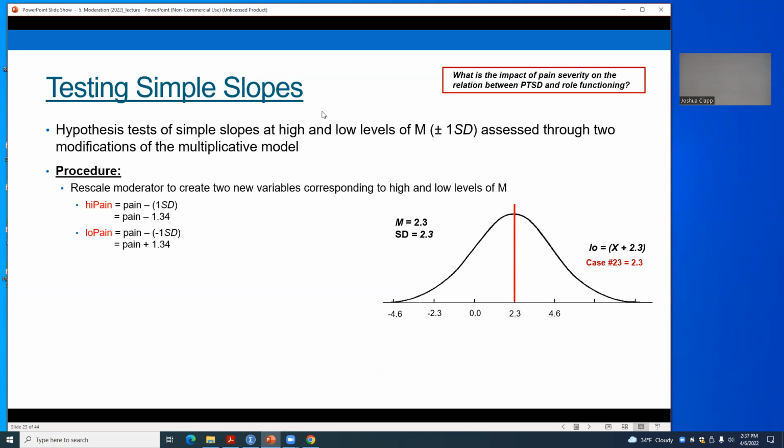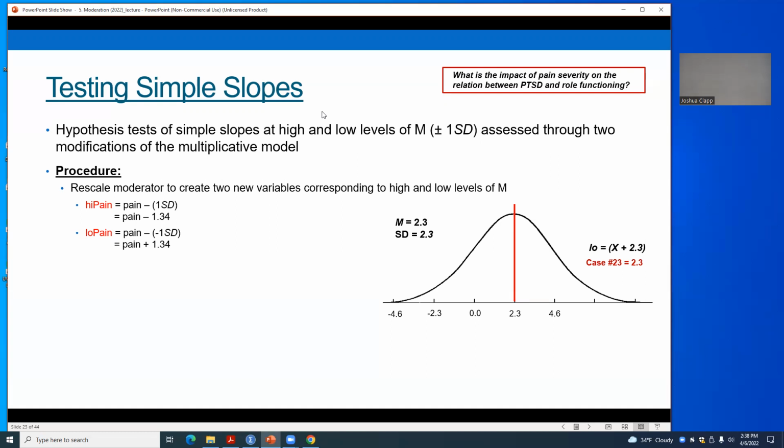Technically, the formal operation is pain, or your moderator, minus a standard deviation for above, and plus for below. Functionally, if you have nice centered variables, you subtract a standard deviation to get high levels, and add to get low levels. If you've got negative values, it starts to get tricky, but you're going to be centering, so this will be okay.